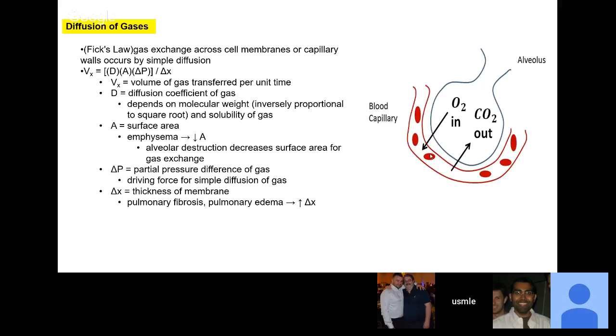So this is why you calculate it in terms of the volume transferred per unit of time, through the coefficient of diffusion of the gas.